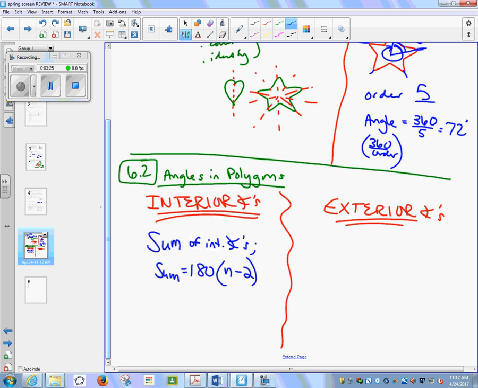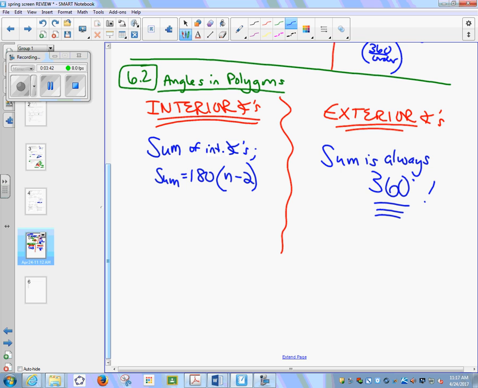Exterior angles, the sum is always what? 360. No formula there. It's always 360. Okay? Something else that they could ask you about involves regular polygons. What does it mean if it's regular?